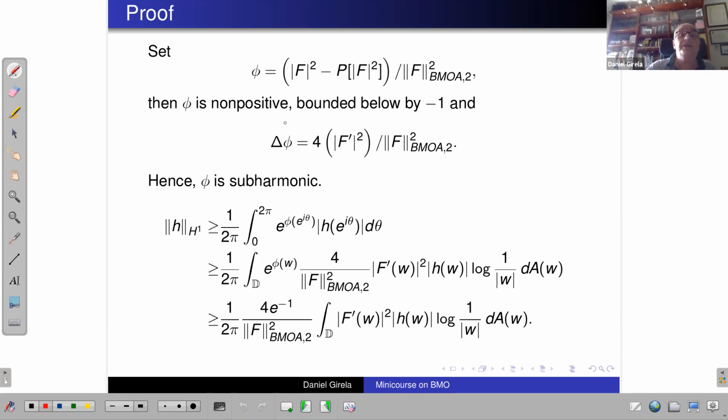Since this is non-positive, this is smaller than 1, so this inequality is trivial. And now we use Uchiyama's lemma, and we obtain this inequality. Then coming from here to here is just to write things properly. So we get the lemma. This is what we call the basic lemma.